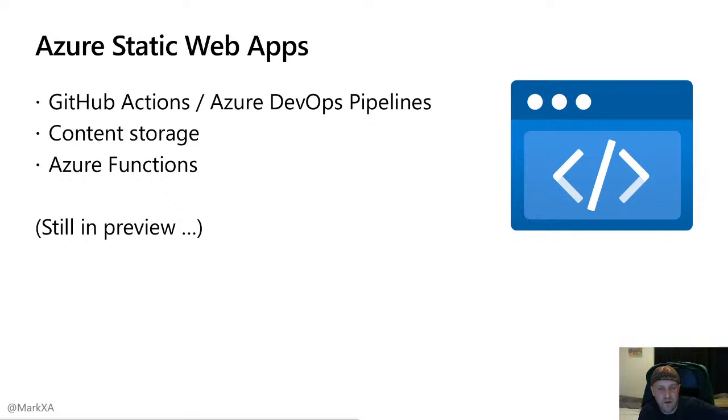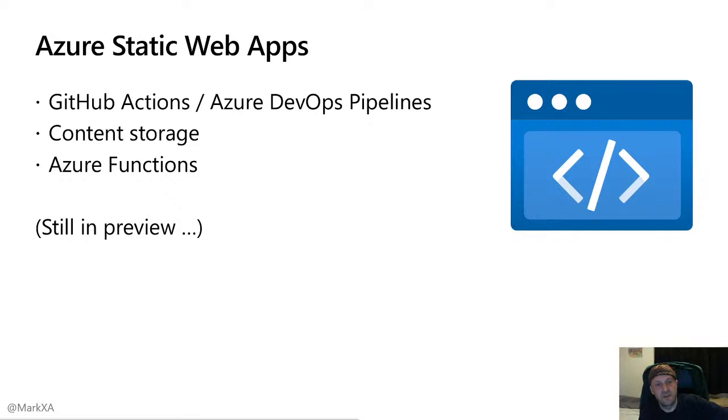When you get new content coming in and push that up to your source control repo, it will automatically run that through your static site generator and deploy that out for you. It gives you the storage for the static assets that you're pushing up there.